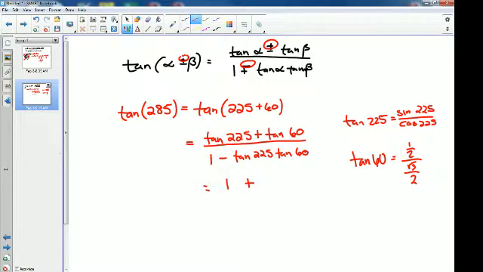So the sine of 60 is 1/2, and the cosine of 60 is √3/2. So this simplifies to √3/3. Well, you can. It's negative √2/2 and negative √2/2. So that's 1, right?